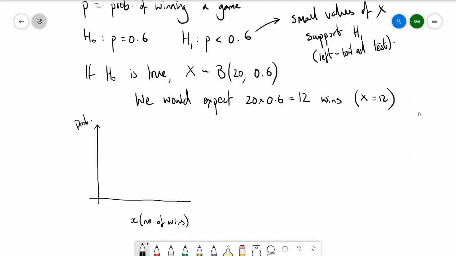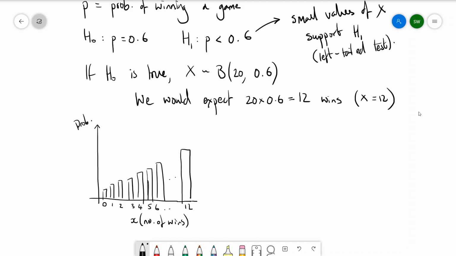I don't know what this distribution would actually look like, but I know that I could have 0 wins, 1 win, 2 wins, 3 wins, 4, 5, 6, etc. And my distribution is going to look something like this. My highest probability is going to be around about 12, because that's what we'd expect. We'd expect 12. So that's what the distribution looks like.